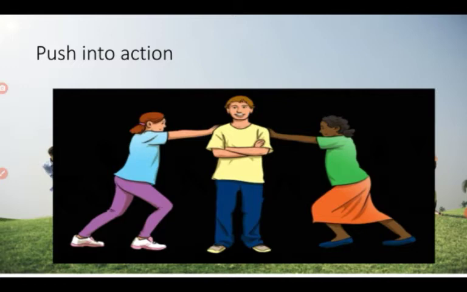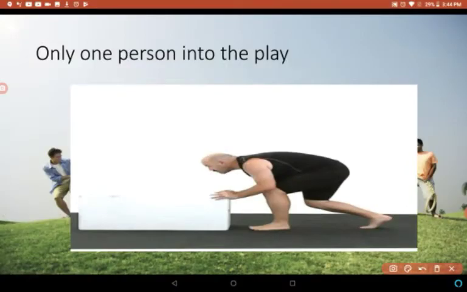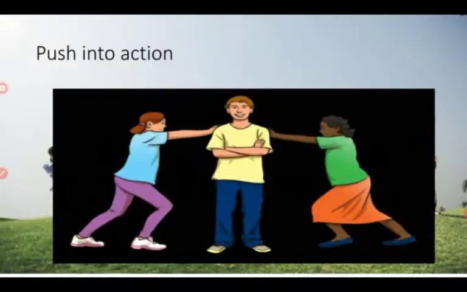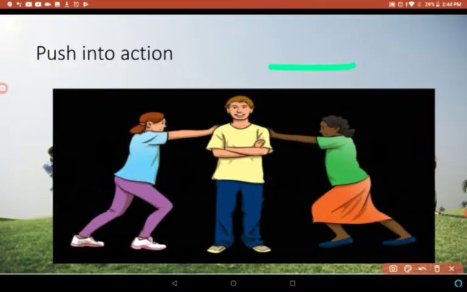Your sister wants you to go outside and is pushing you towards the door of the home, while your mother doesn't want you to go and is pushing you towards the house.